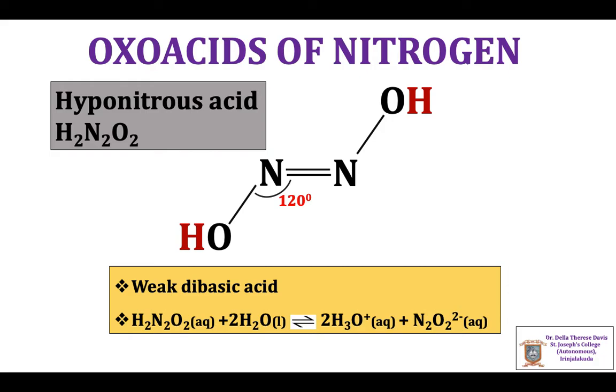That is, there are two ionizable hydrogens in the acid. The hydrogen atoms attached to the oxygen atom are ionizable in the case of oxoacids.